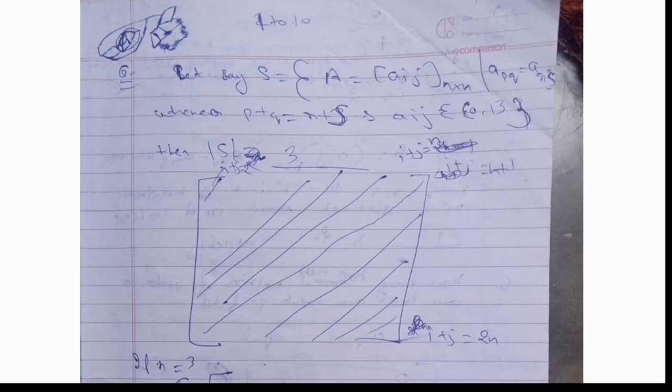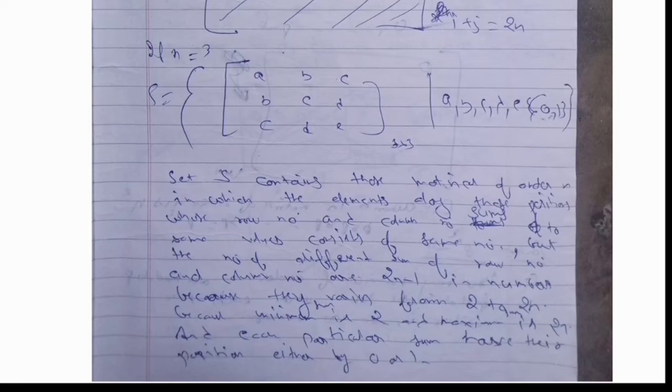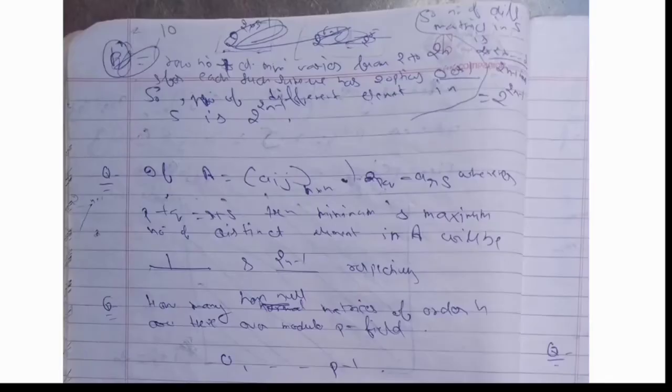line we will have the suffixes such that i plus j is equal to R plus S. So set S contains those matrices of order n in which the elements along those positions whose row number and column number sum to the same value consist of the same number. The number of different sums of row number and column number is 2n minus 1, because they vary from 2 to 2n, since the minimum is 2 and the maximum is 2n, and each particular sum has its positions filled either by 0 or 1.